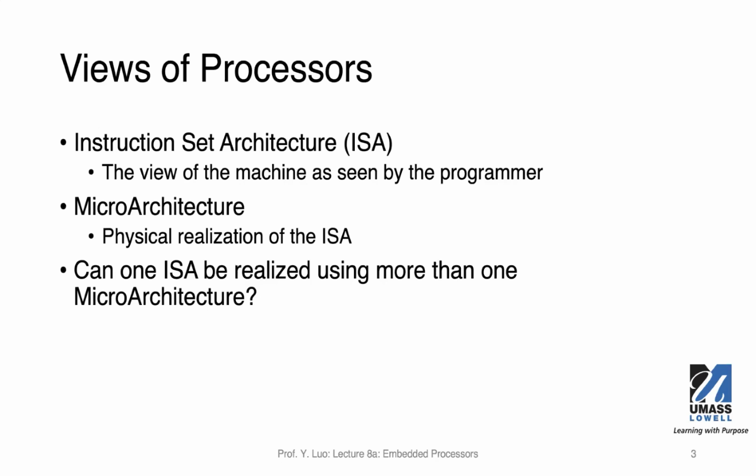To give you another example, for Arduino platforms, these boards have different models or variants. We are using the Mega 2560. And last time I showed you a design that used a smaller Arduino board, the Arduino Uno.